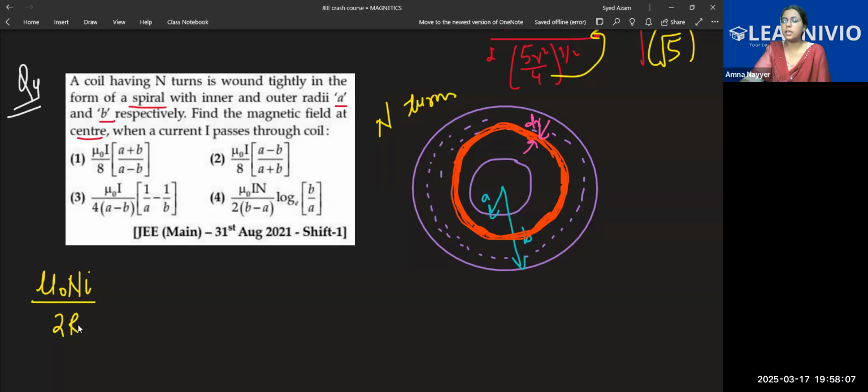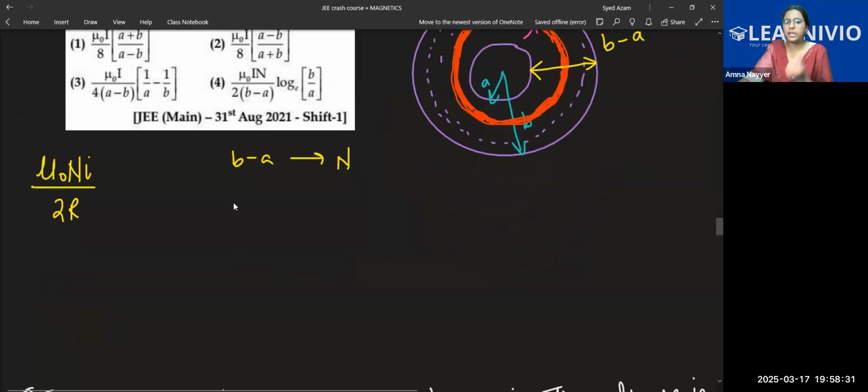Usually this is the formula. So remember, for B minus A, what is this thickness? Out total is B, inner one is A. So this thickness will be B minus A. So for B minus A, the number of turns are N, right? So for 1 unit thickness, the number of turns will be N by B minus A.